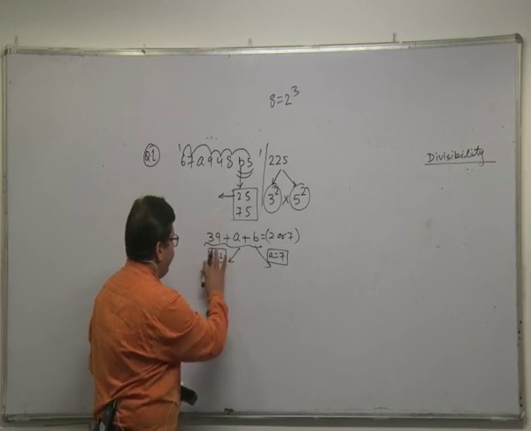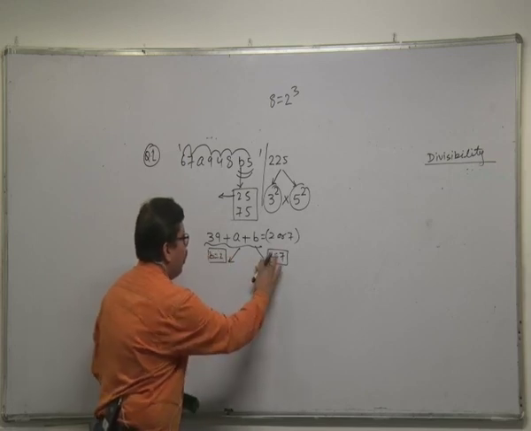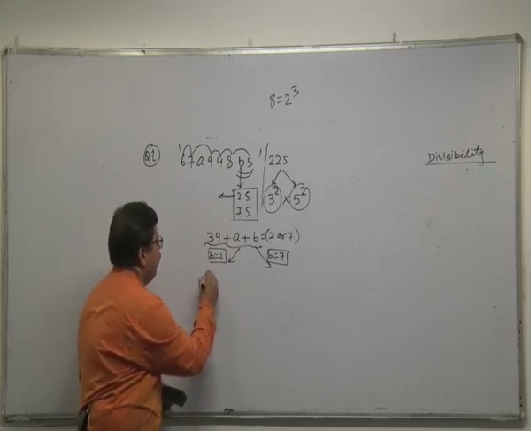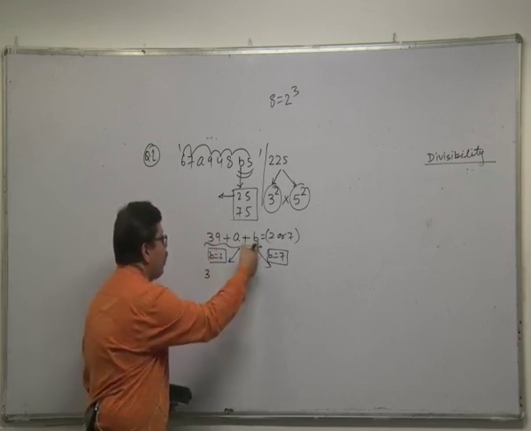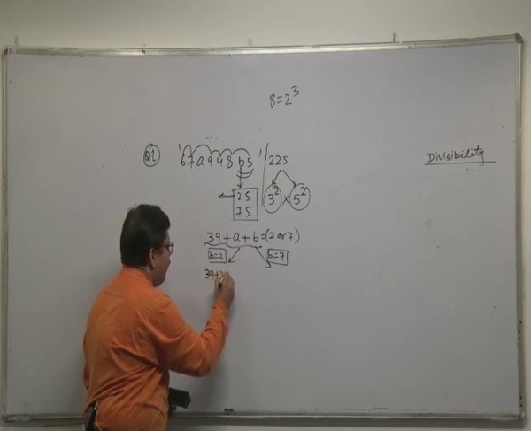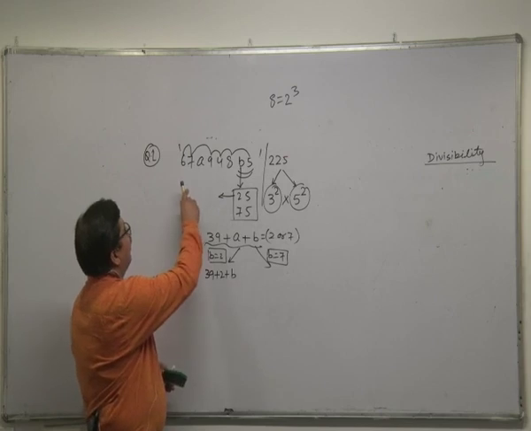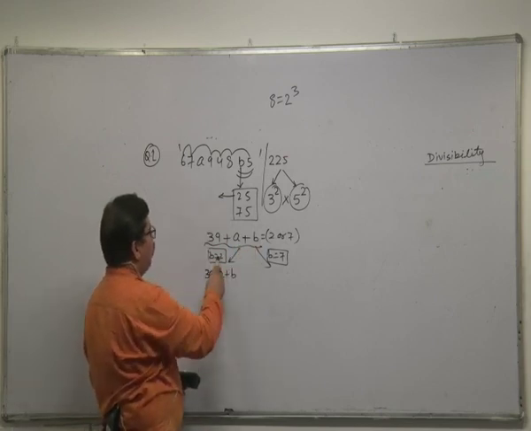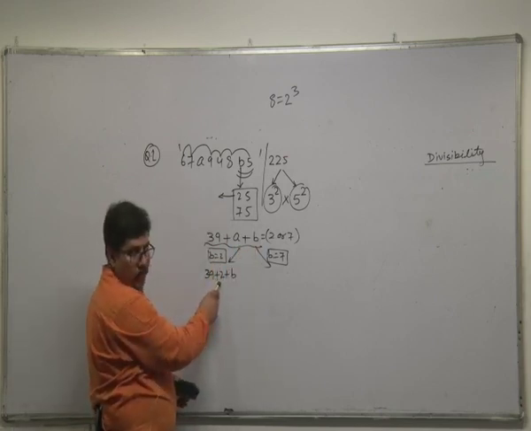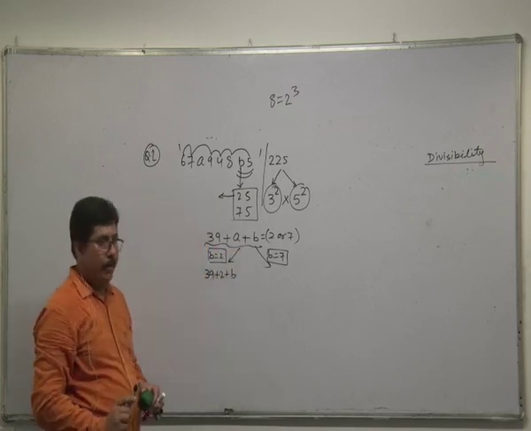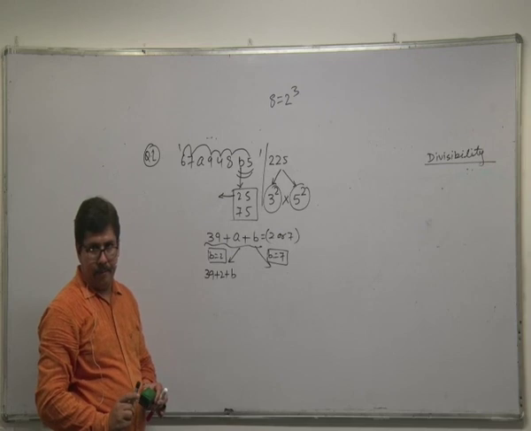And B is either 2 or 7. So sum of the digits is what? 39 plus 2, 41 plus A. Right?